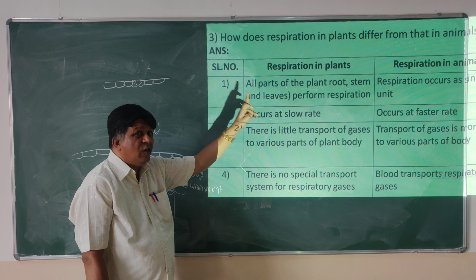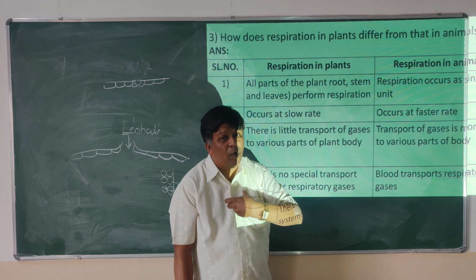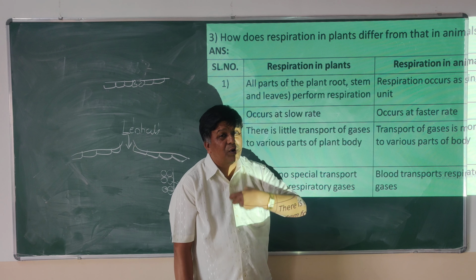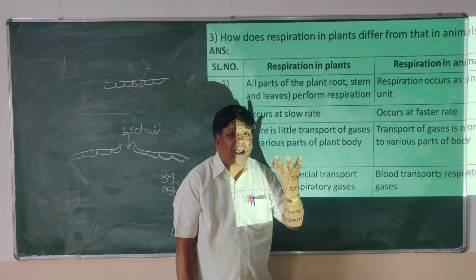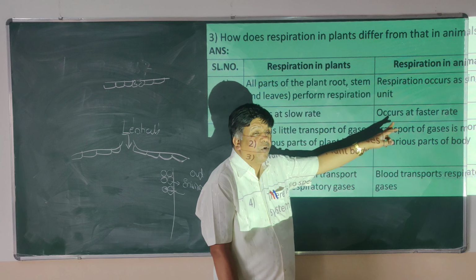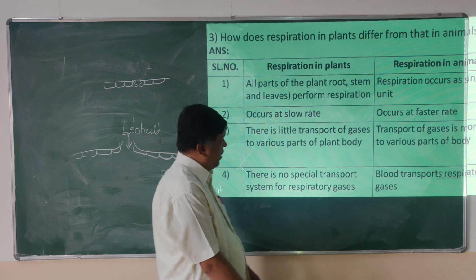As a result, the rate of respiration is slow. In animals, naturally, respiration occurs at a much faster rate. Why? Because we have a respiratory system which takes up oxygen and has to transport it to all parts of the body within a fraction of a minute. So for that process, respiration occurs at a very fast rate.